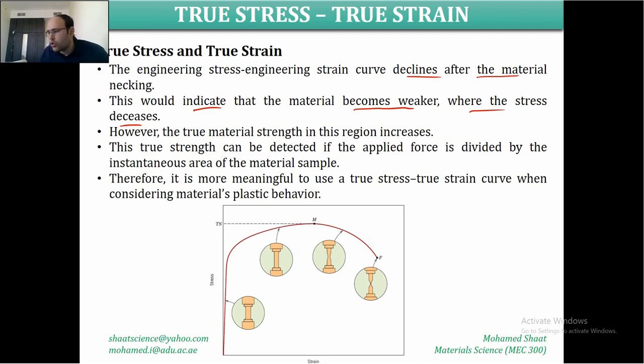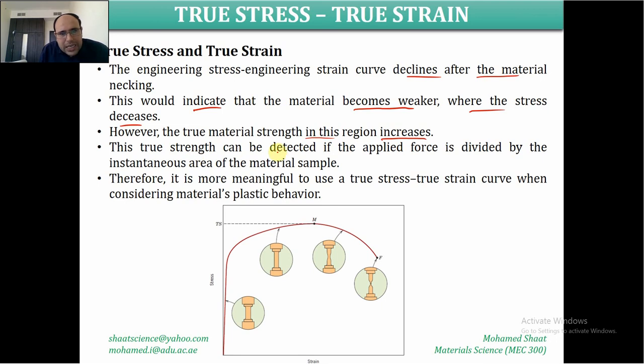In some materials, it could be even stronger, despite the fact that a neck has formed. This indicates that within the plastic region, the engineering stress-strain curve is not that accurate to represent what is exactly happening to this material. However, the true material strength in this region should be increasing in many cases, as I mentioned.